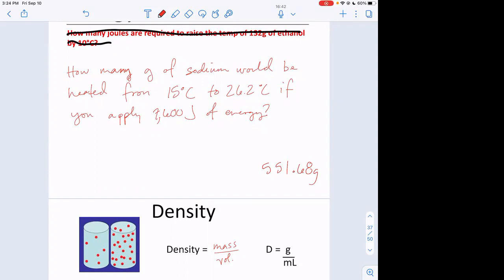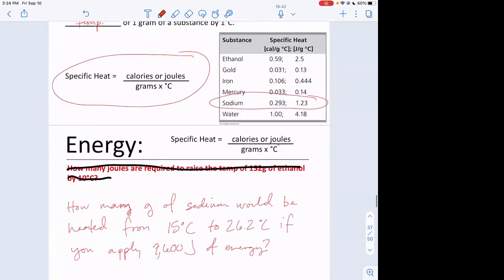Write out the equation for specific heat, okay, which is right here. Specific heat equals calories or joules. So which one do I need to mark out? I'm not using calories because I gave you joules in your problem down here. So how do I know if I need to use this number or this number?